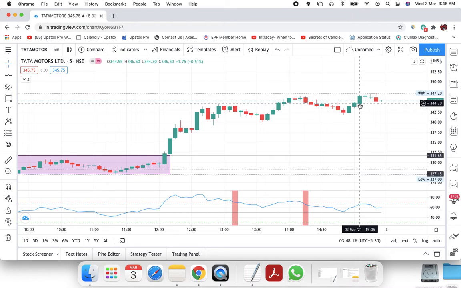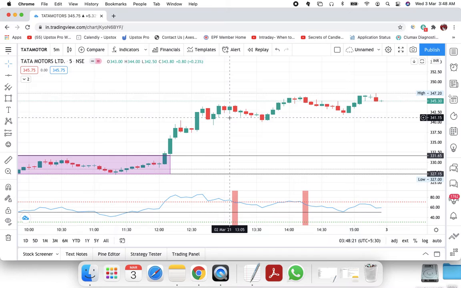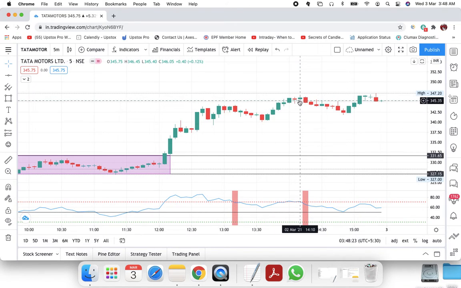If you are an intraday trader and you apply that rule, the previous candle's low should not be broken, then this is the point where you can exit.